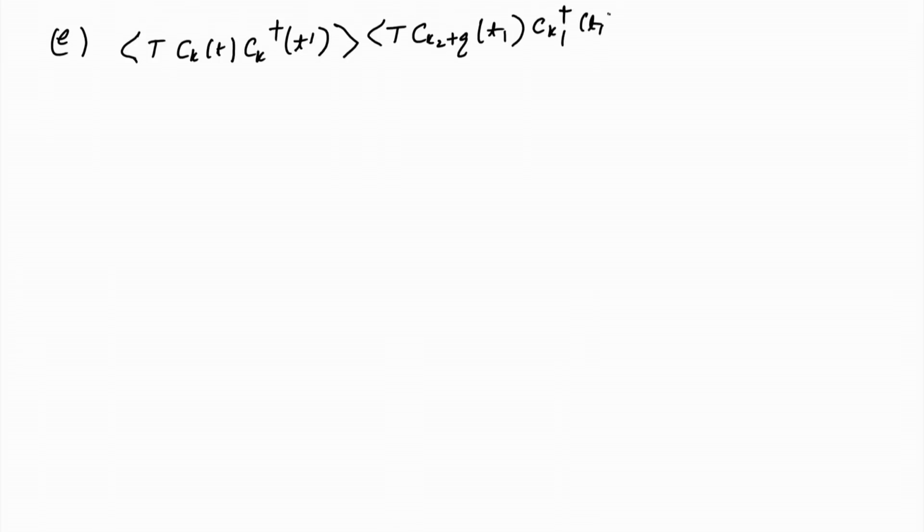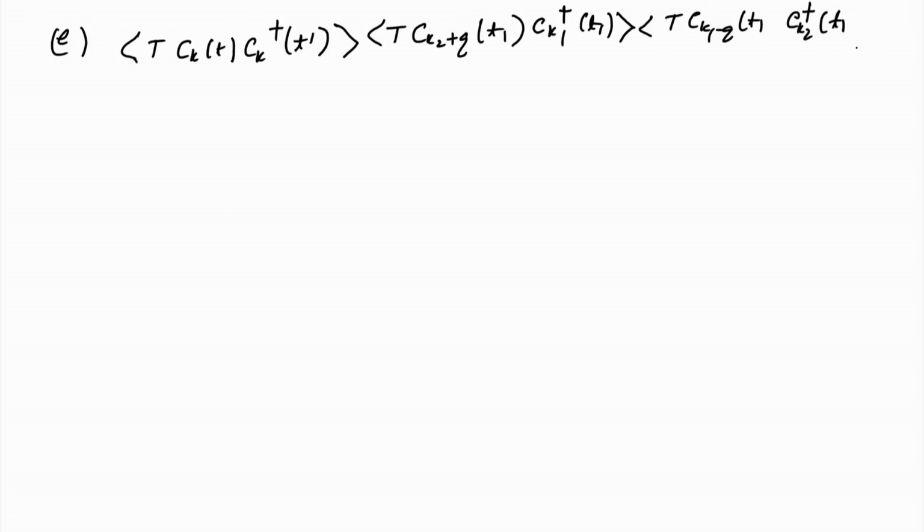So, we have a c k t and c k dagger t prime, c k 2 plus q t 1 c k 1 dagger t 1, t c k 1 minus q t 1 and c k 2 dagger t 1.